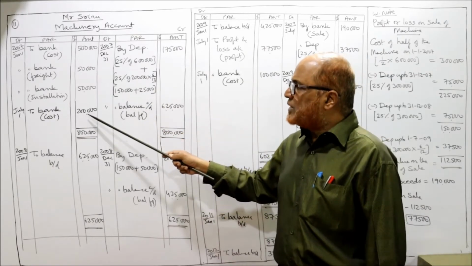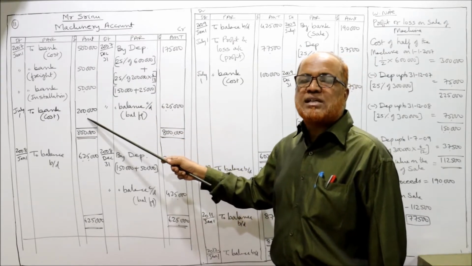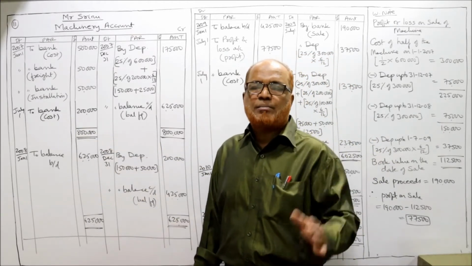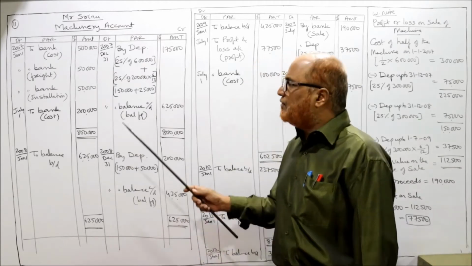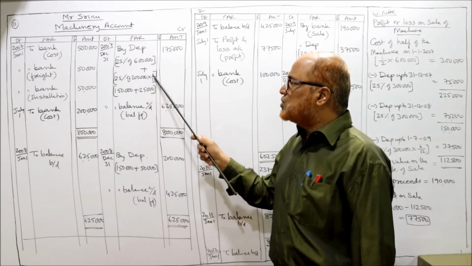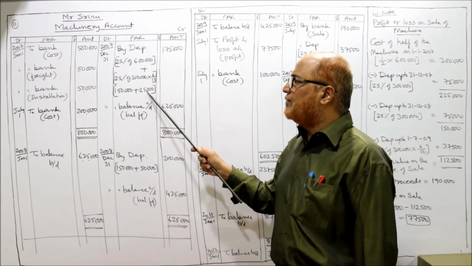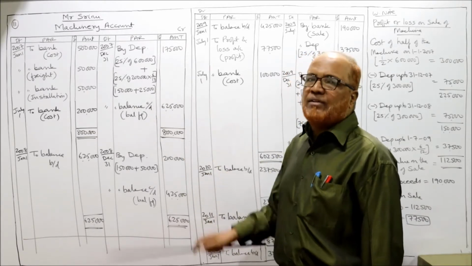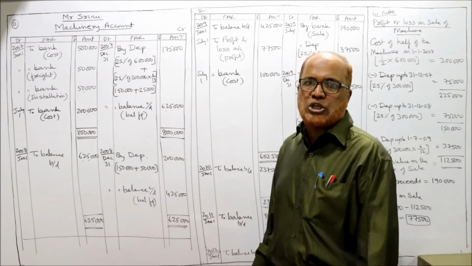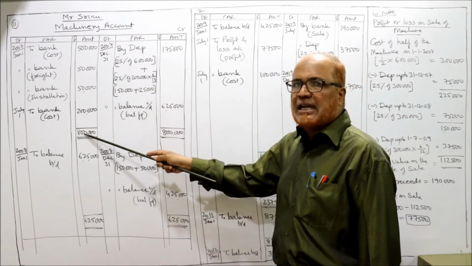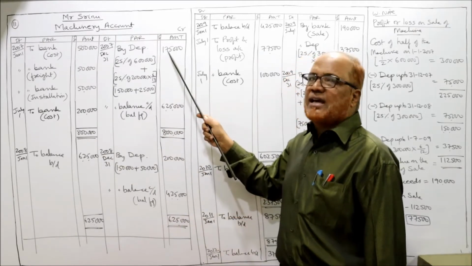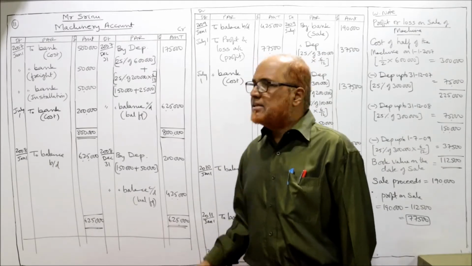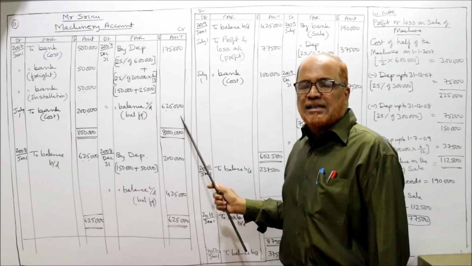Next, 25% of 2 lakh, but for 6 months, because it was purchased on July 1st, so July 1st to December 31st is 6 months. 25% of 2 lakh into 6 by 12 gives 25,000. So 1,50,000 plus 25,000, 1,75,000 is the total depreciation. Now take the total on the debit side, 8 lakh. 8 lakh minus 1,75,000, 6,25,000 is the balance at the end of the first year.